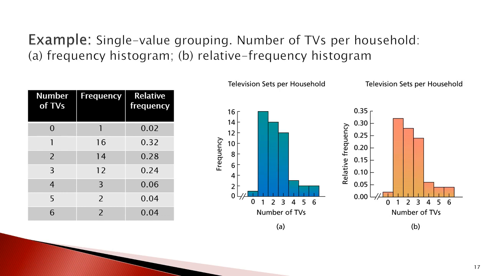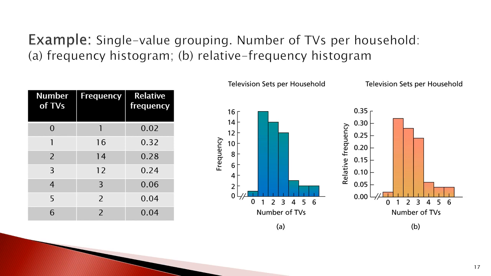Here the graph with blue bars is for part A. In this graph, the vertical axis is the frequency and the horizontal axis is the number of TVs.